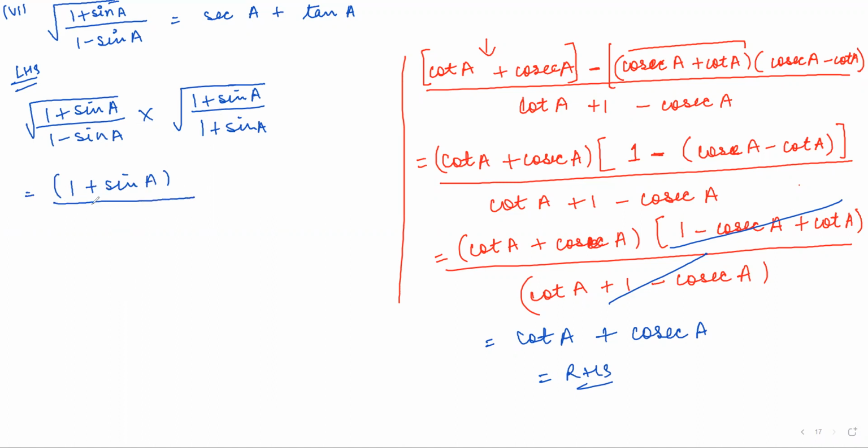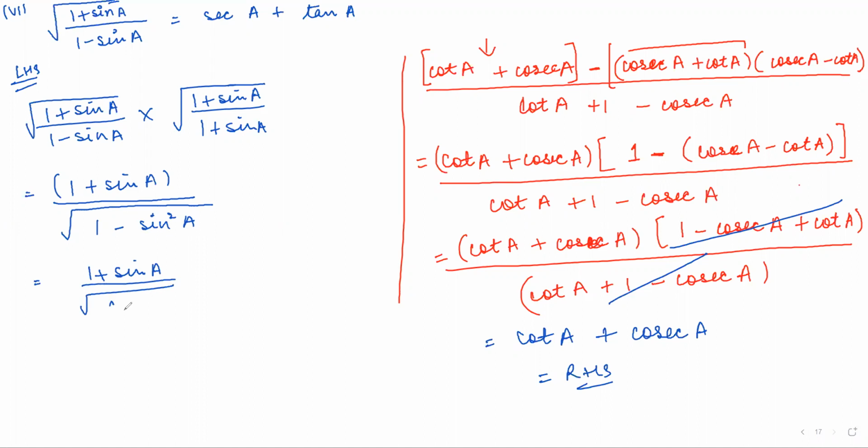And the denominator will be under root of 1 minus sine A into 1 plus sine A. So I can write it that way, and it becomes 1 minus sine square A. Correct, Rida? Yes, ma'am. Harsha, any confusion here? No, ma'am. So 1 plus sine A divided by under root.